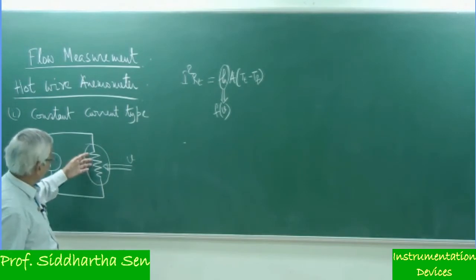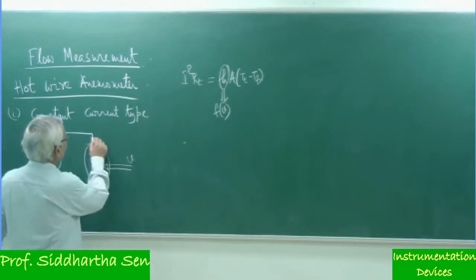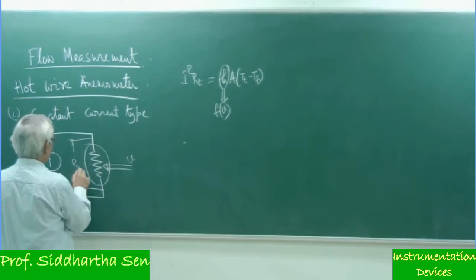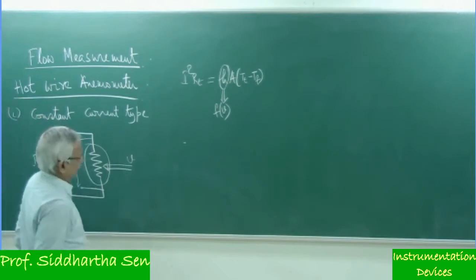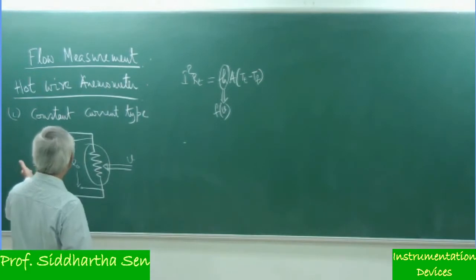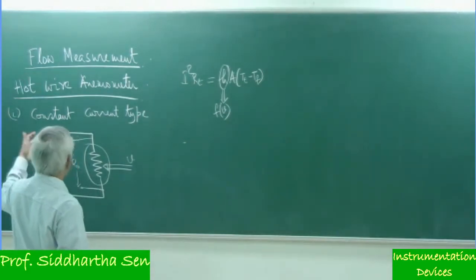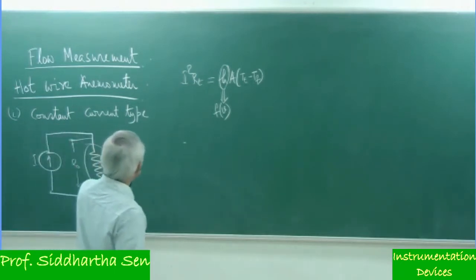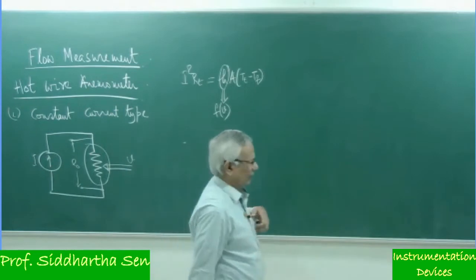If we measure the voltage across these two points, suppose I call it E0, that will be a function of the velocity. I kept the current constant only to simplify the equations. So that is called the constant current type.